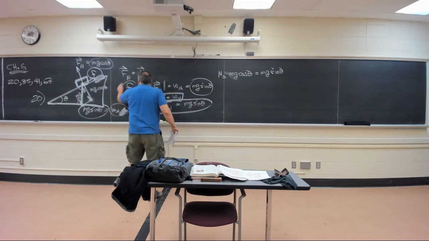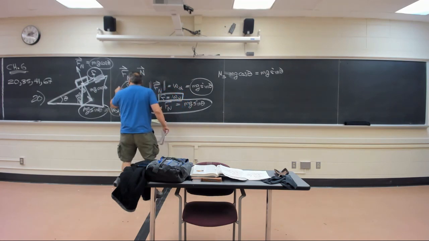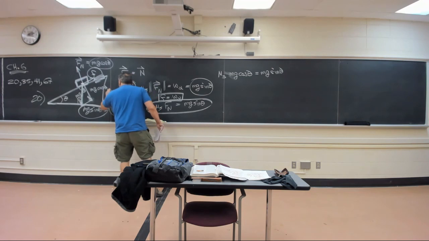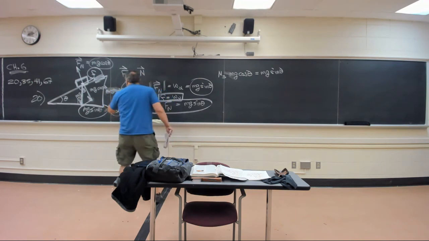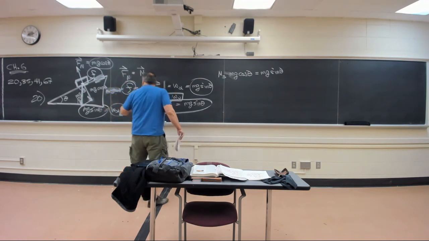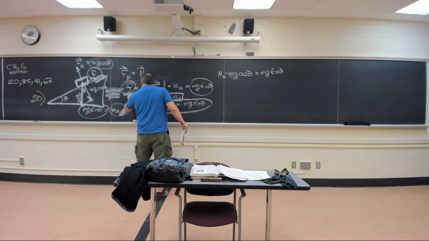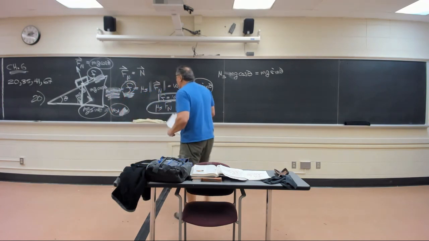And this guy right here was mu sub s mg cosine theta. Let me give myself a little bit more room, guys. Mu sub s mg cosine theta. This guy right here, looking good.